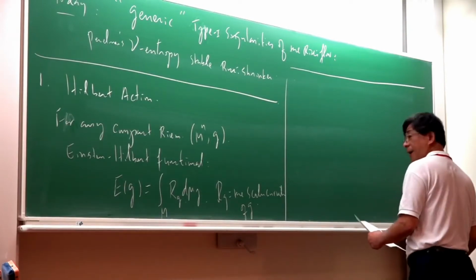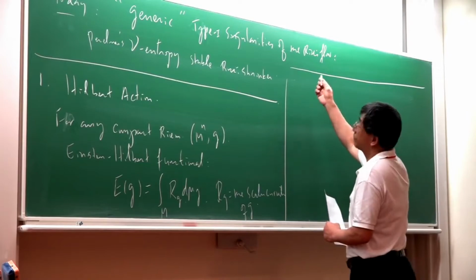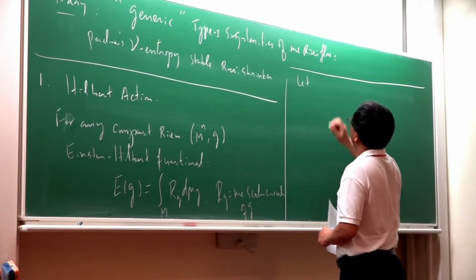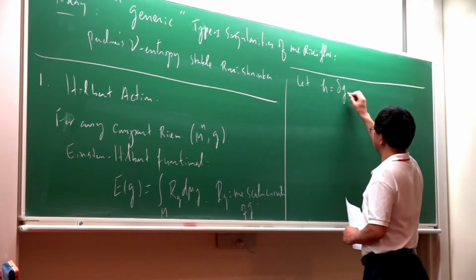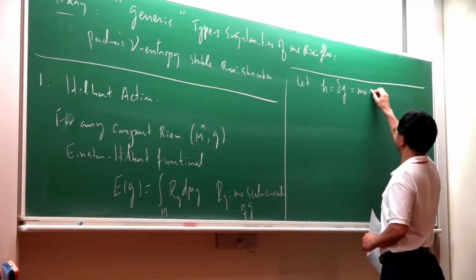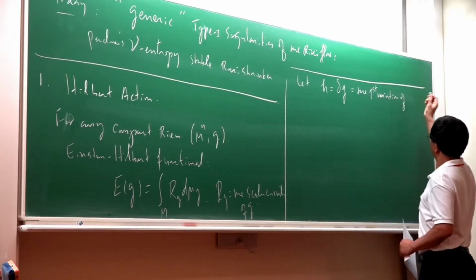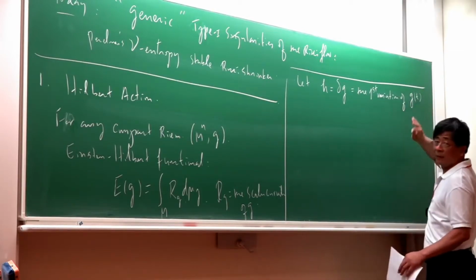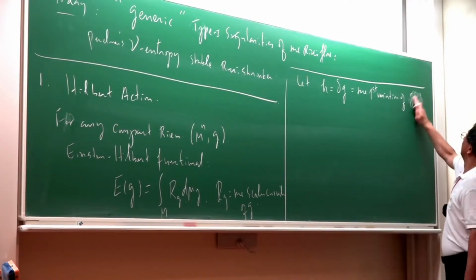It's well known that if we look at the first variation, let h be equal to the derivative of delta G, the first variation of a family of metrics G(t), say.